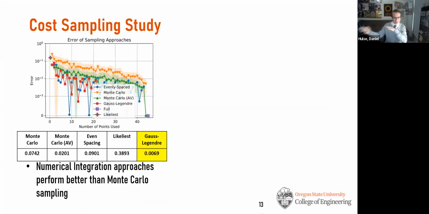And so we did this study of different fault sampling approaches. I can't really go into all the details of it, but essentially at a high level, what we found was that no matter how many points we used, numerical integration approaches performed a lot better than Monte Carlo sampling.